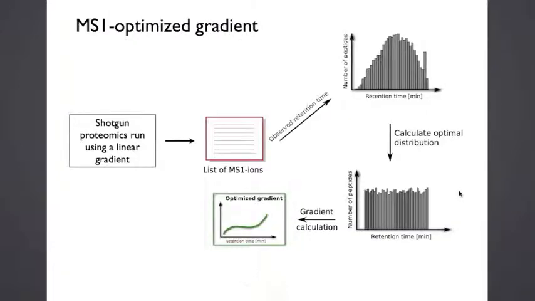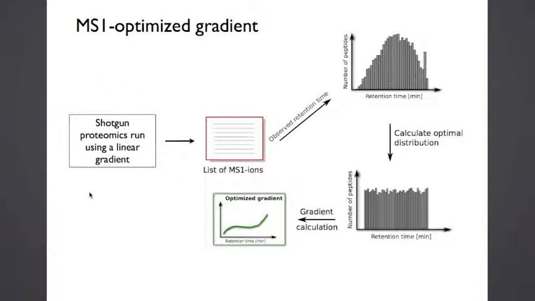A few words about the MS1-optimized gradient. This gradient aims at giving a uniform distribution for the abundant MS1 peaks. What is illustrated here is the workflow to calculate such a gradient. We start with a shotgun proteomics run, where we use the linear gradient.